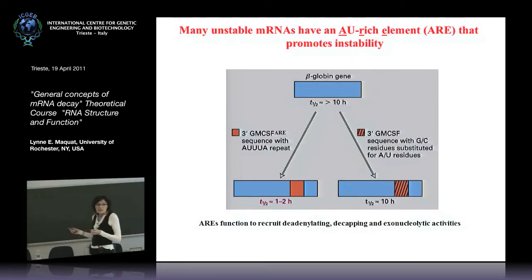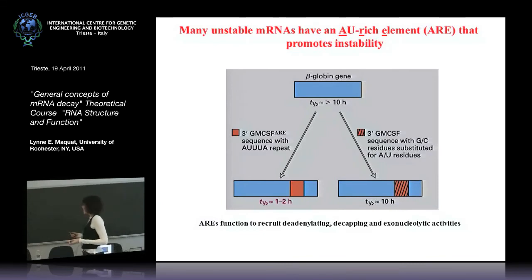This was discovered a long time ago, actually in 1986, in a Cell paper that has been very highly cited. But the bottom line is, in that paper, beta globin, remember beta globin mRNA has a long half-life in erythroid cells and also non-erythroid cells.